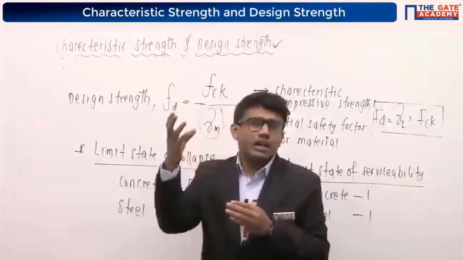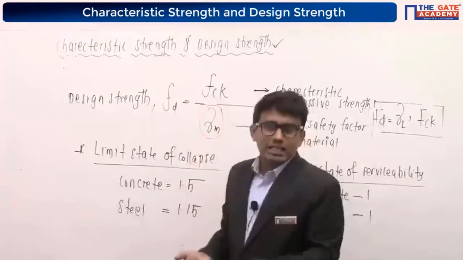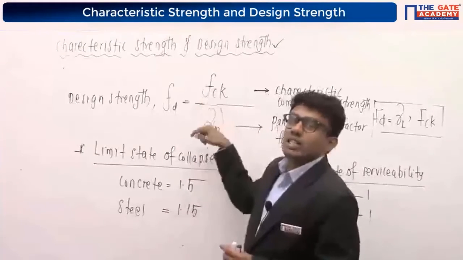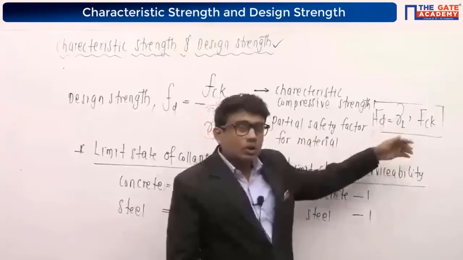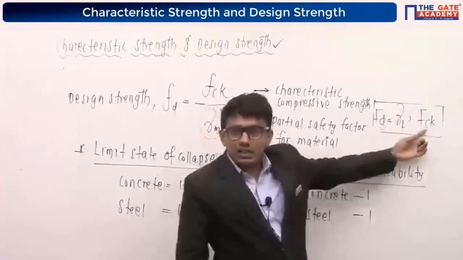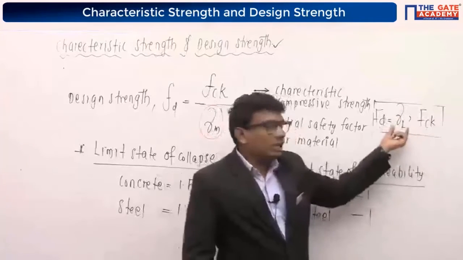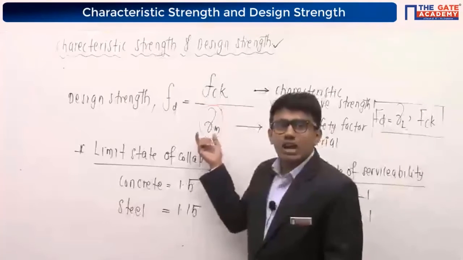If you design for 100 when the characteristic compressive strength is around 50, we will not get a safe structure. That's why we consider a strength value much lower than the characteristic strength. For calculating the design load, we will consider a load value much higher than the characteristic load. Strength is underestimated, load is overestimated. For load, we are multiplying it with some factor of safety. For strength, we are dividing it with some factor of safety.